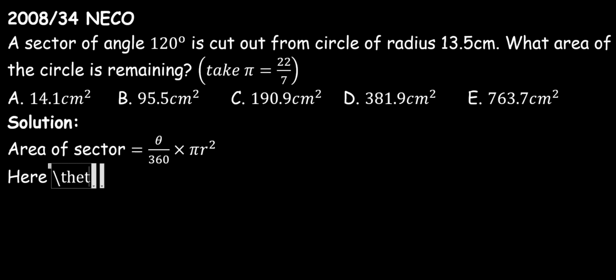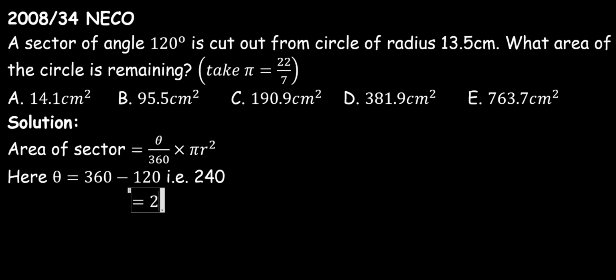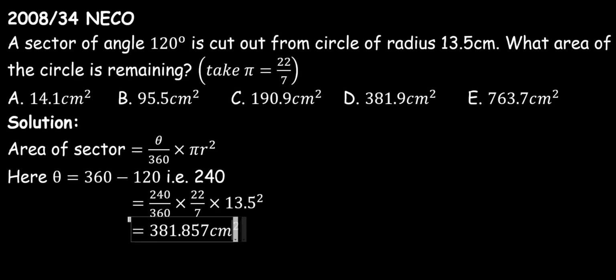Here, theta is equal to 360 minus 120, which is 240 degrees. Thus, substituting, we have 240 over 360 times 22 over 7 times 13.5 squared. And the result is 381.857 cm squared, which is approximately 381.9 cm squared.